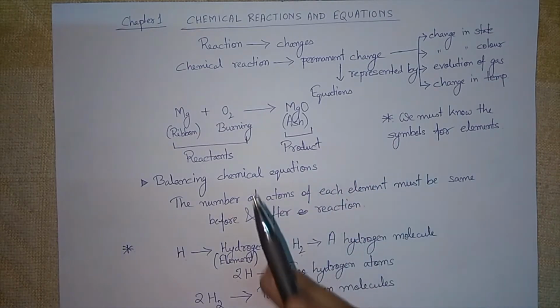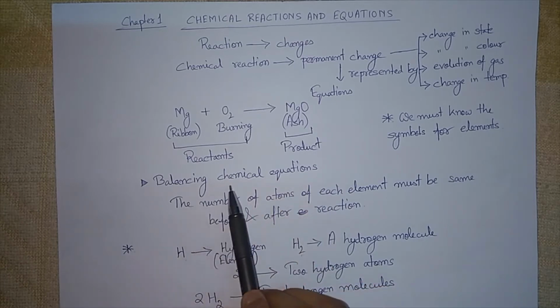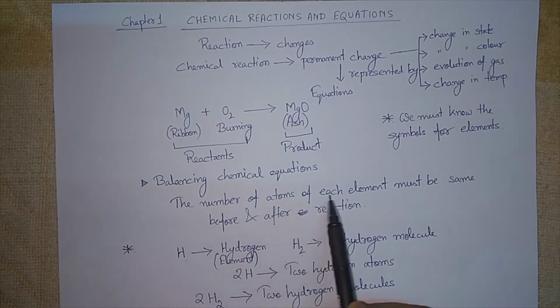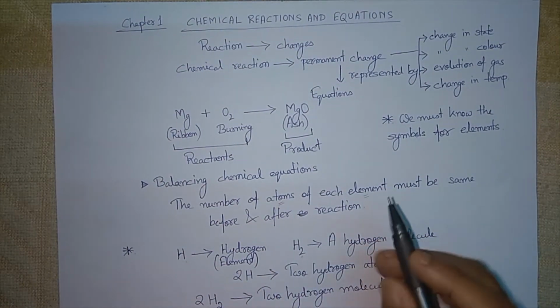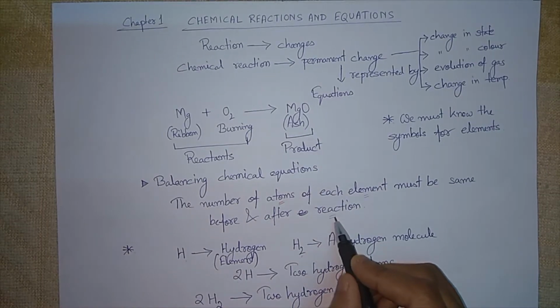So, next we have balancing chemical equations. Balancing means keeping the number of atoms of each element the same before and after the chemical reaction.